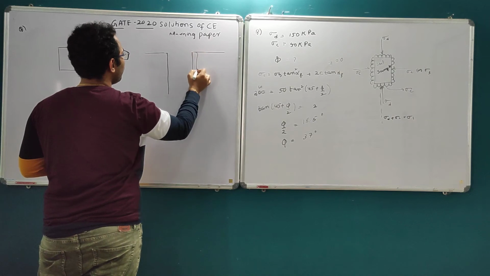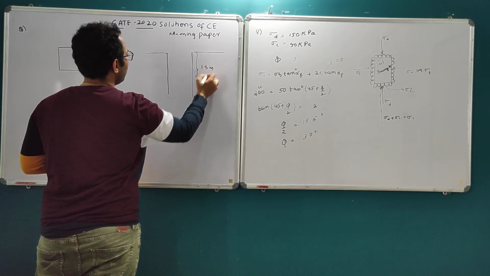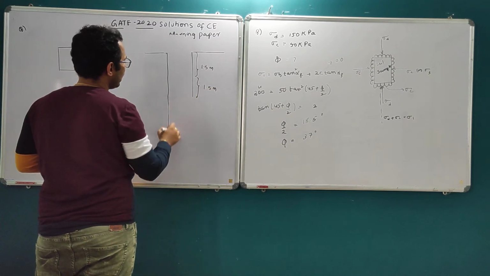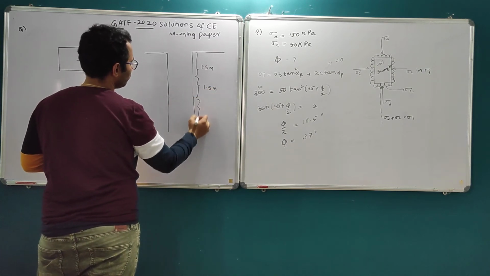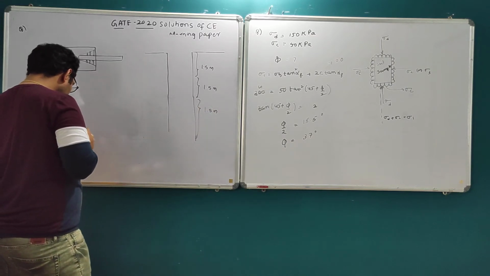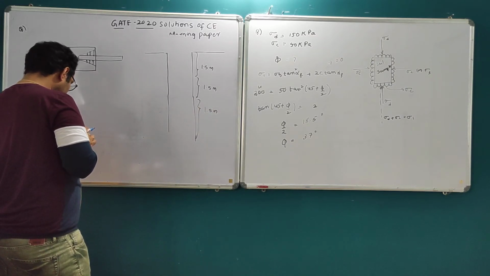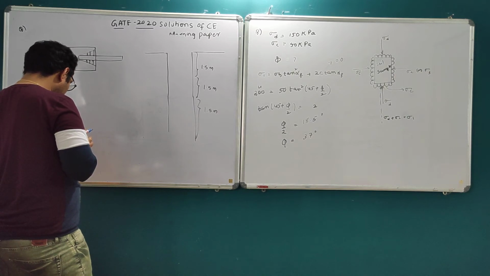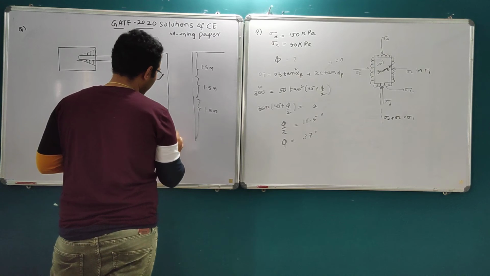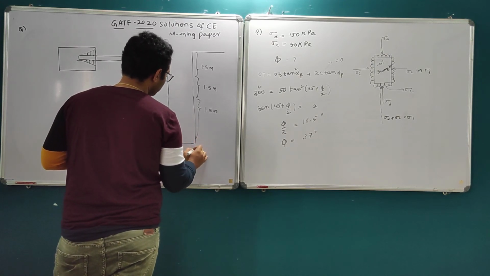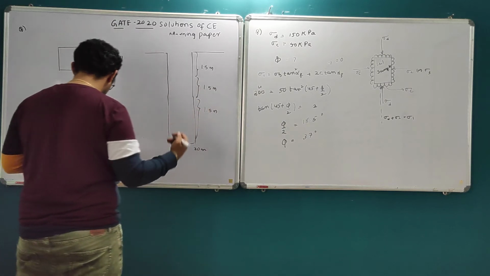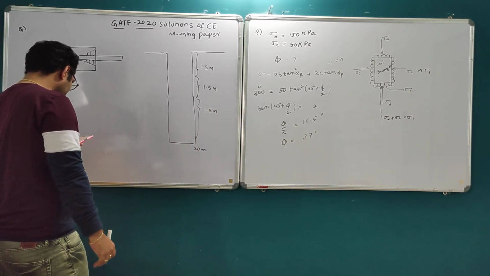At every 1.5 meter interval they have taken one SPT test. The standard penetration test was conducted at every 1.5 meter interval up to 30 meter depth, consecutively 1.5, 1.5, 1.5 like that.